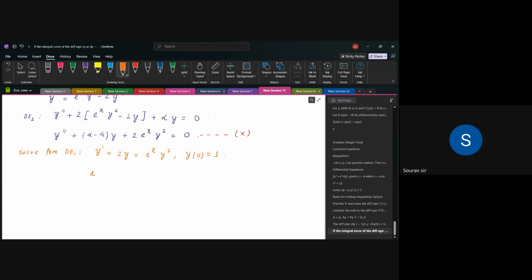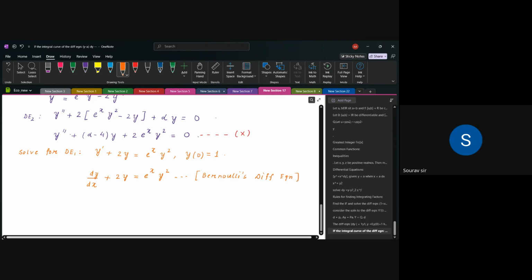If I write it in standard form, dy by dx plus 2y is equals to e raised to the power x y square. And like you have correctly identified, this is a Bernoulli's differential equation, right? And how do we know that? Because on the right hand side, along with the function of x, you have a power of y, right? So how do we proceed with this? Does anybody remember how to solve the Bernoulli's differential equation?